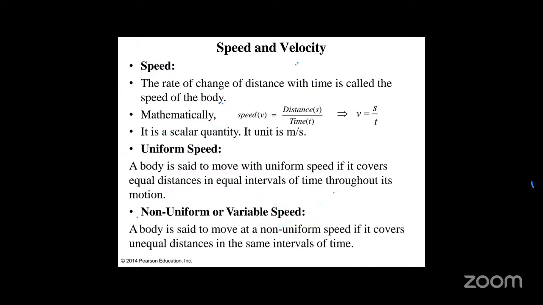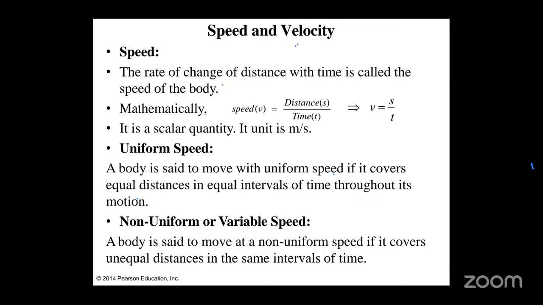So we'll move on to other quantities, speed and velocity. What is speed? When an object moves or changes position from one point to another, speed must be involved. The rate at which the object moved from one point to another at a given time is what speed refers to.